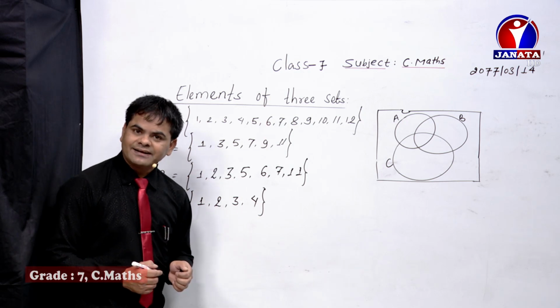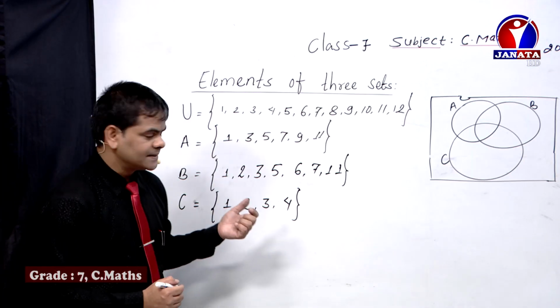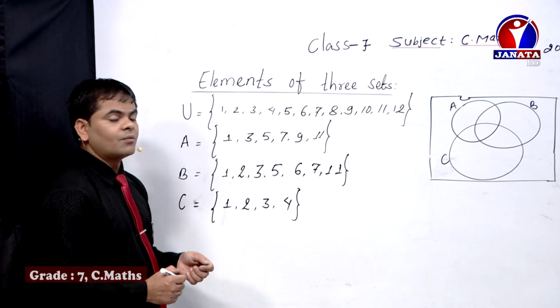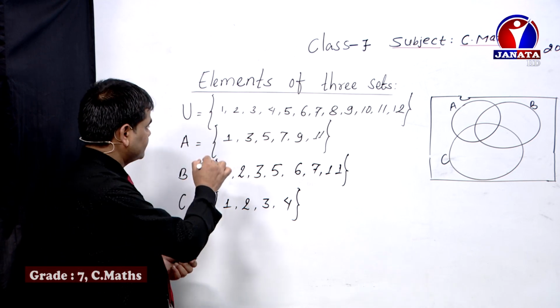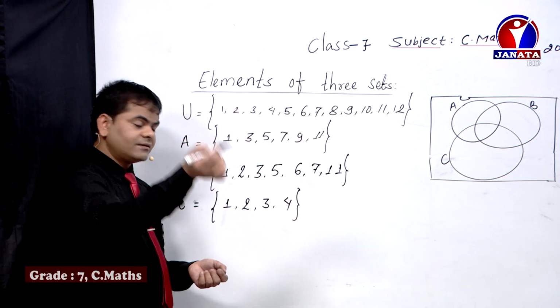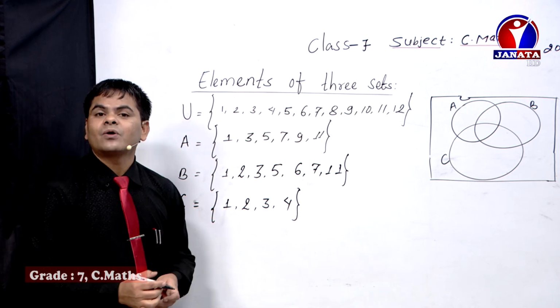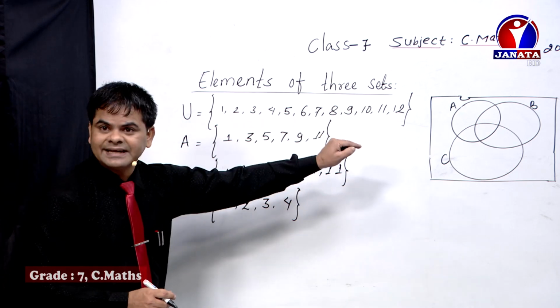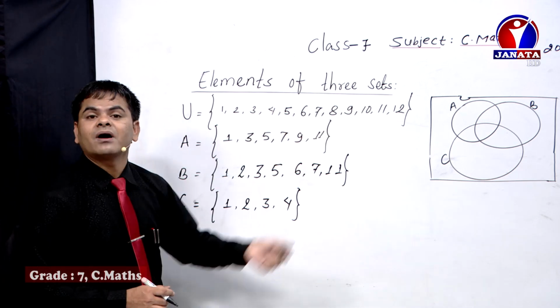So we need to finalize at first the common elements of all three sets. Just take one element, keep it there and tick it here so that there won't be any confusion, because an element which you have already kept there, you don't need to keep again.